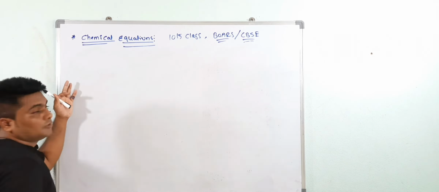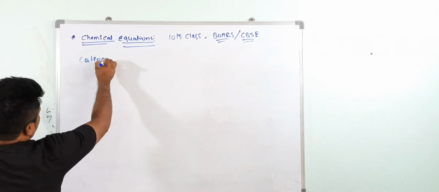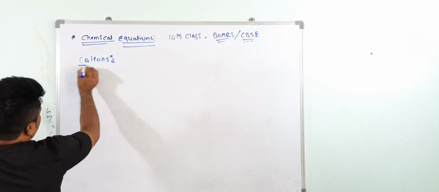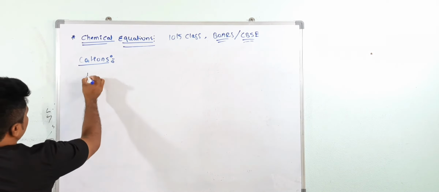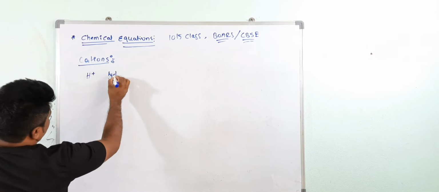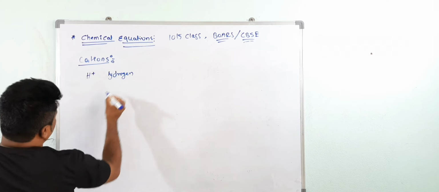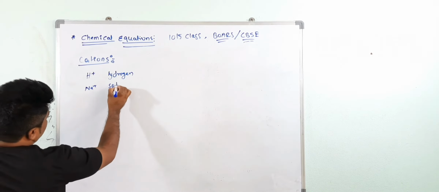Now we'll see a list of cations and anions. Here I am writing some cations. First is H+, called hydrogen ion, cation. Na+, sodium ion.